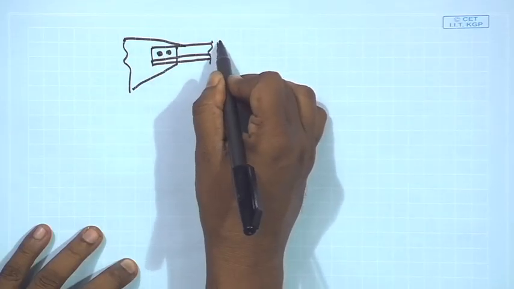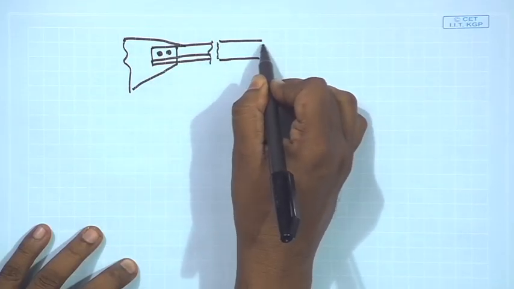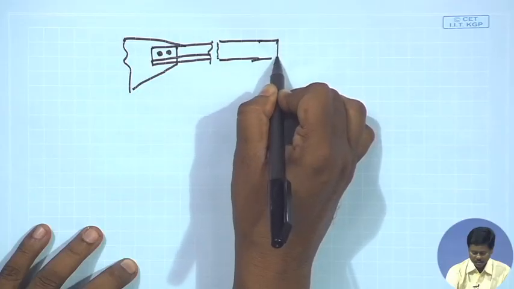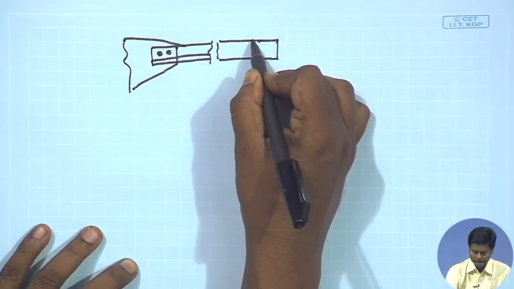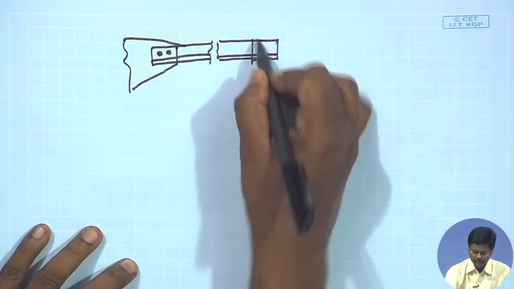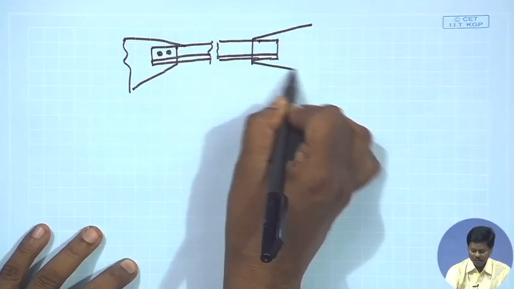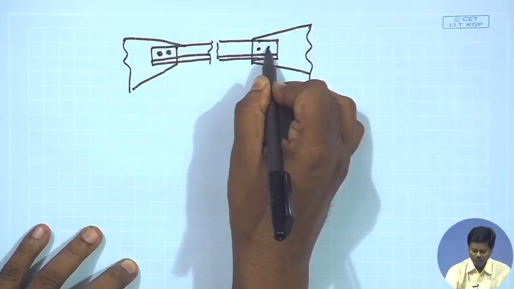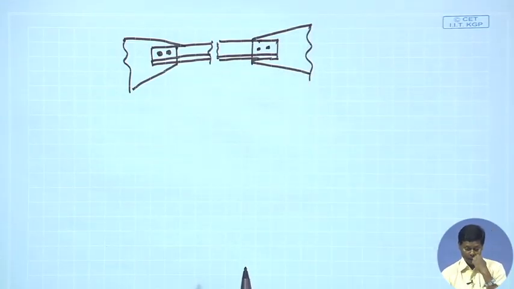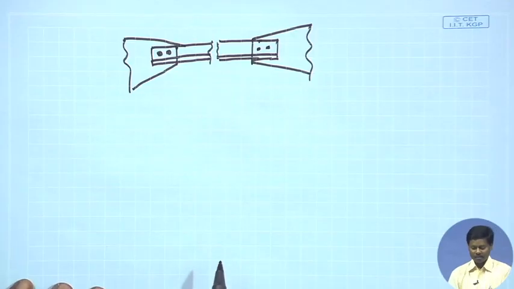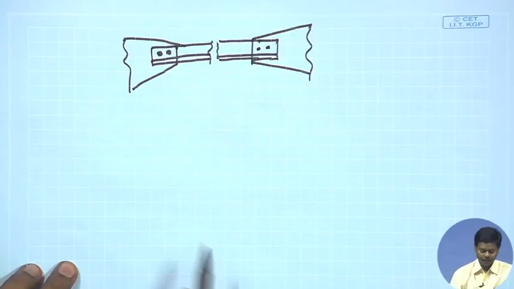So, similarly in this end also we can find that the member is connected to its gusset plate by 2 bolts. So, for this case how we can find out the design strength of the member.